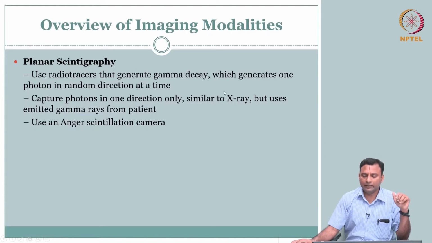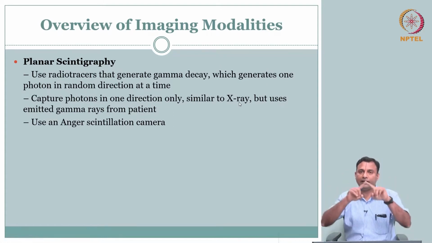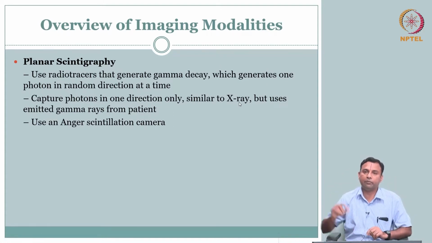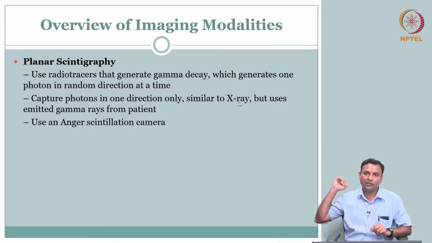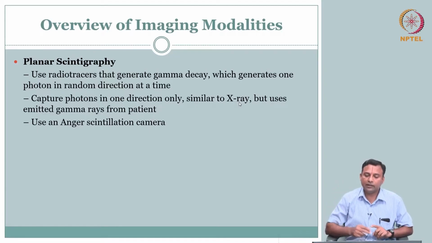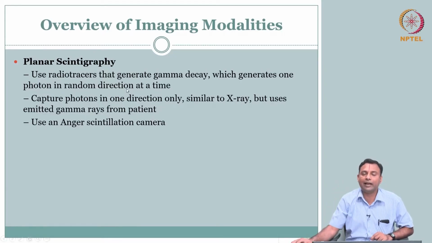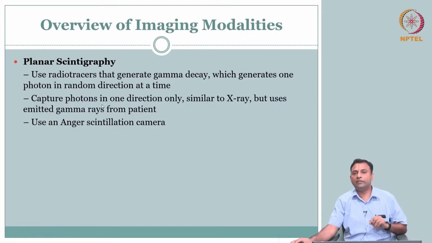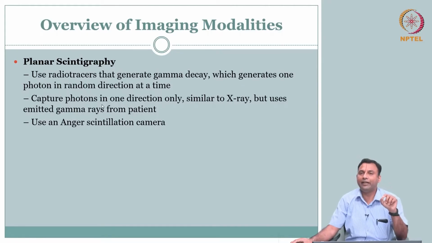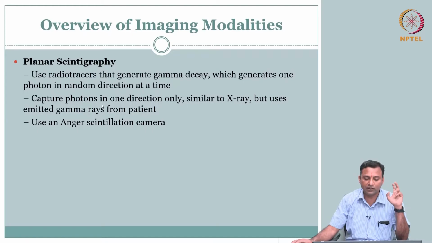It is very similar to your X-ray projection radiography, where you had a rectangular detector behind the body, so the whole area was captured, the projection was captured. Here you have a detector that detects where the gamma rays are coming from. Our interest is to tell from the image how much activity came and from where it is coming.